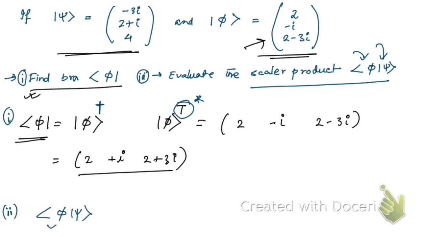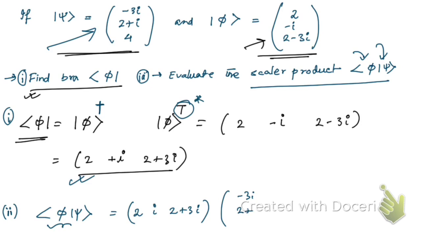We have got bra phi as this one, right? Take the row matrix 2, i, 2 plus 3i, and let me take the column matrix, that is ket psi: minus 3i, 2 plus i, 4. So how to do that?